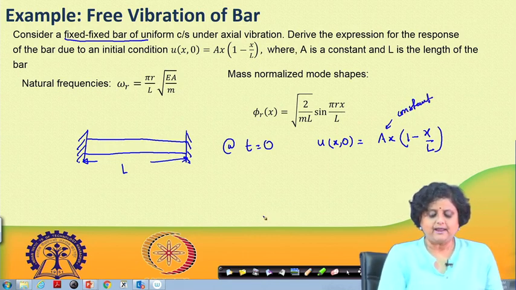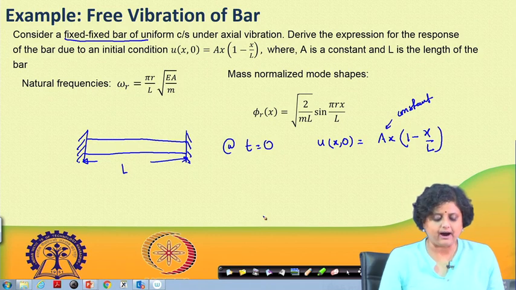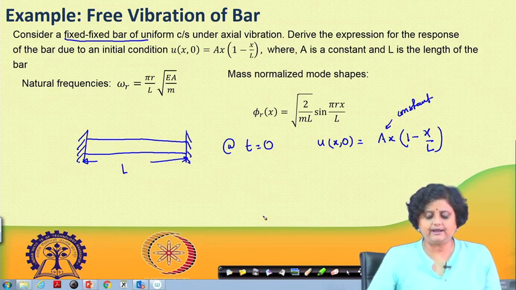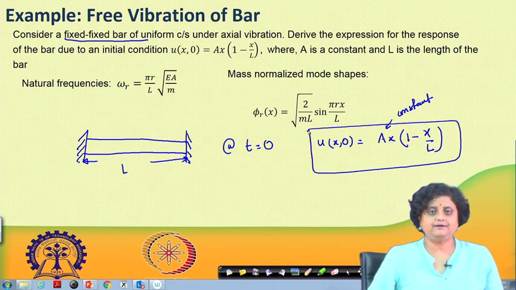Let me explain this once more, the initial condition. This bar is initially given a deformation of this form, and because of this initial deformation given to the bar at time t equals 0, the bar is going to undergo a vibration. So, this becomes a free vibration problem.